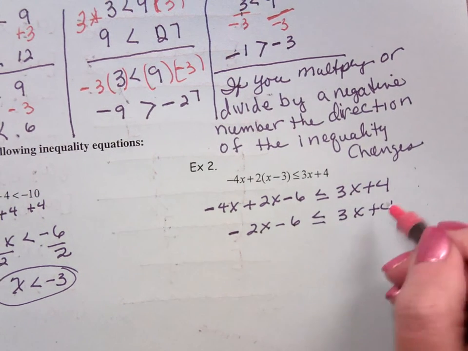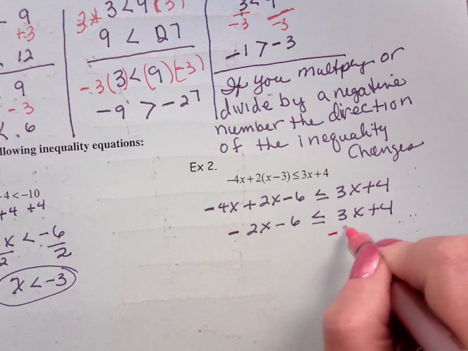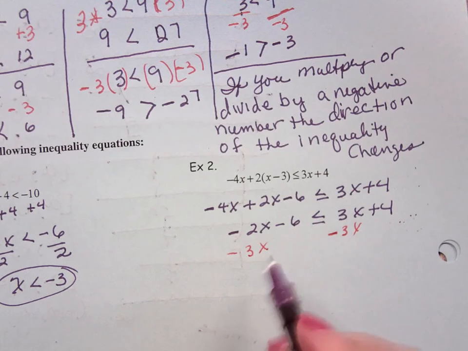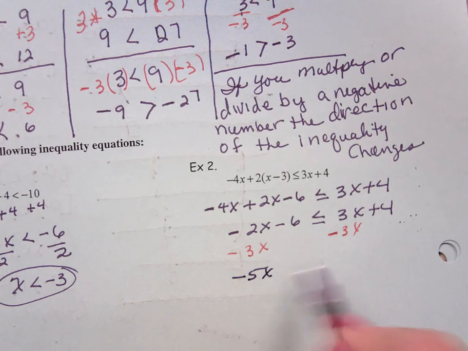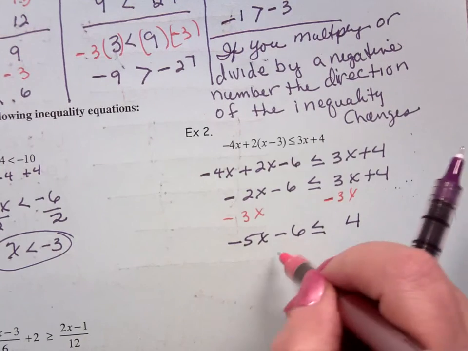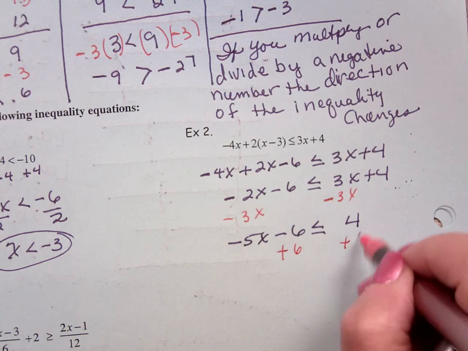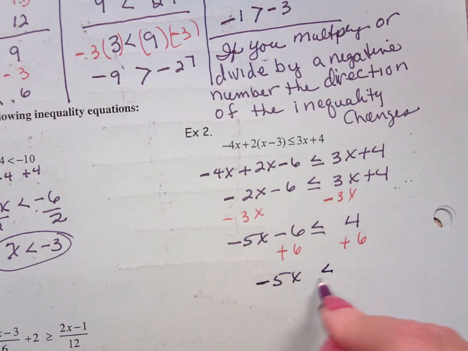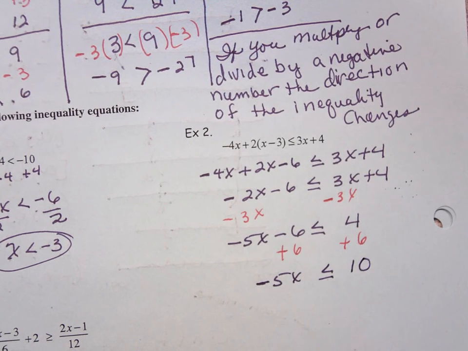I'm going to put everything on the left, so minus 3x minus 3x gives me a minus 5x minus 6 is less than or equal to 4. Add 6. Oh, isn't that cute? Minus 5x is less than or equal to plus 10.